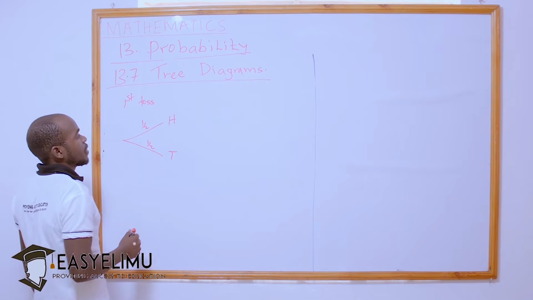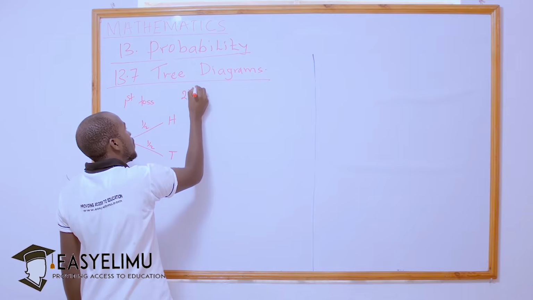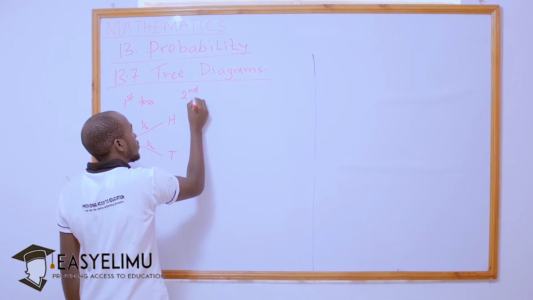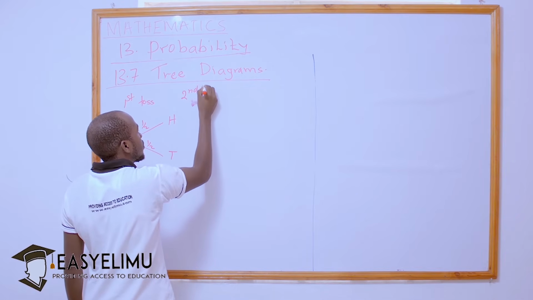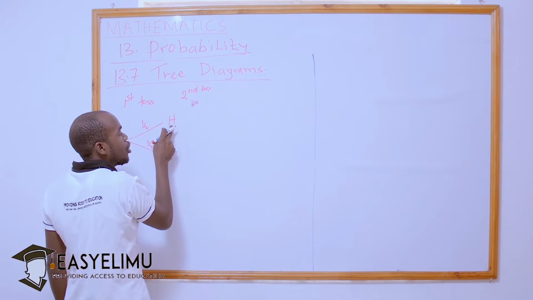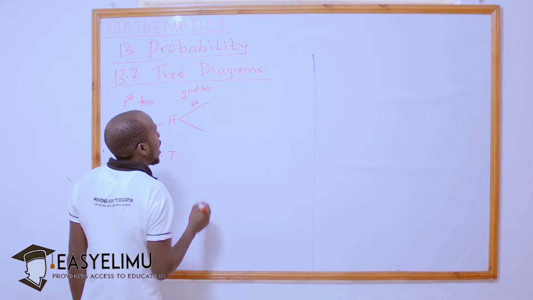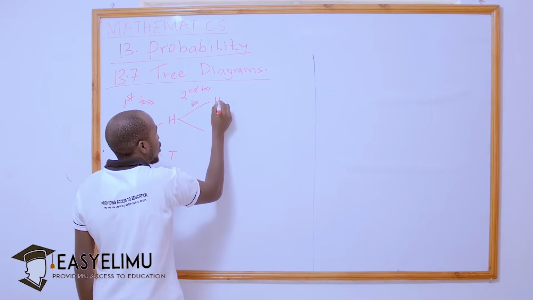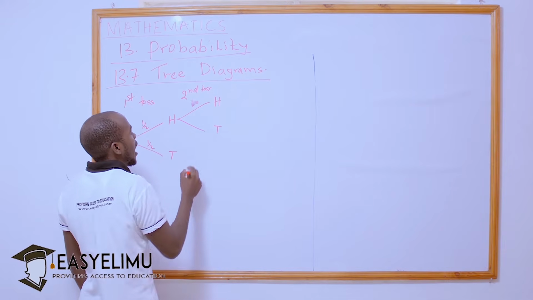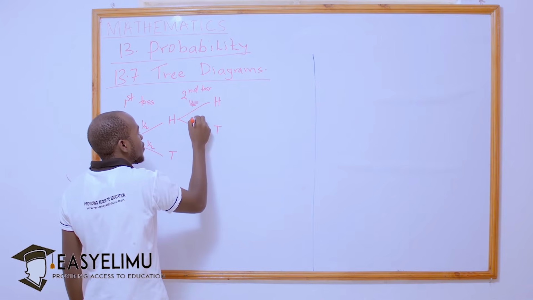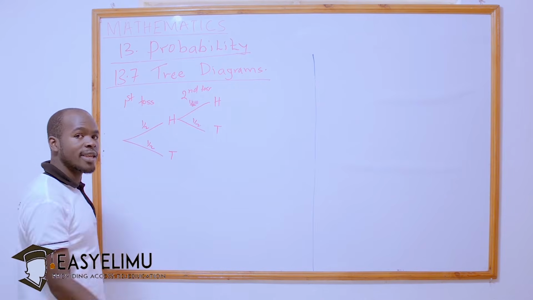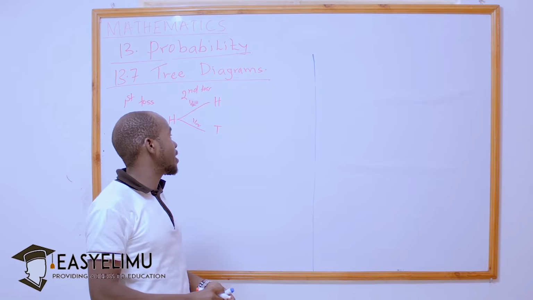That is the first toss. Second toss may be here. If I got a head, then in the second toss I will have either a head or a tail, and the probability remains a half, because I'm tossing the same coin the second time.